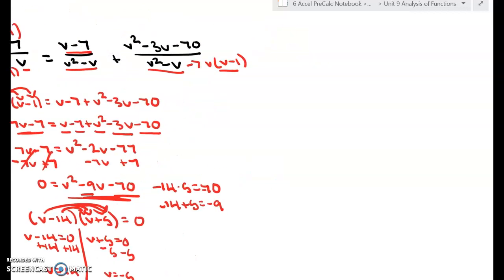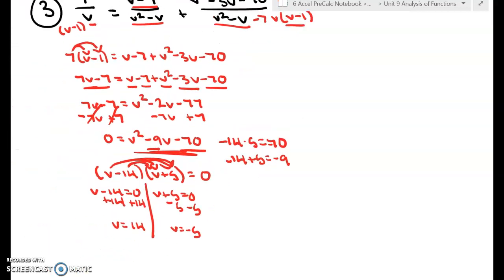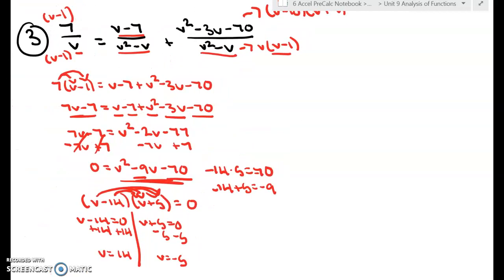And we're also going to factor this out just to make sure. So we know that that's going to be that, because -10 times 7 is -70, and -10 plus 7 is -3. So as you can see, the answer that we got is not anything that's in the original equation. So we know that none of these are extraneous solutions.